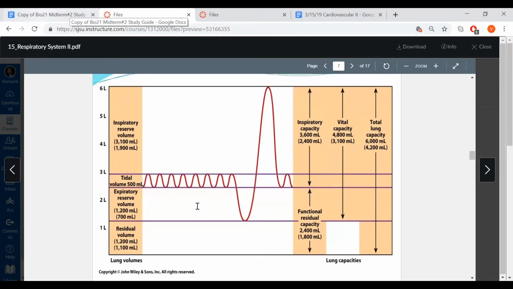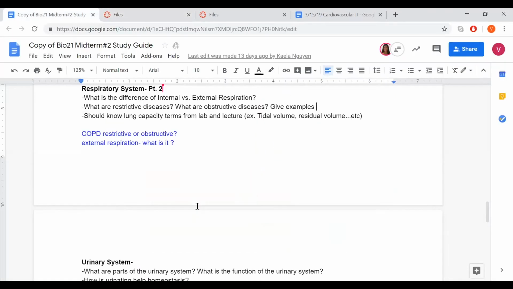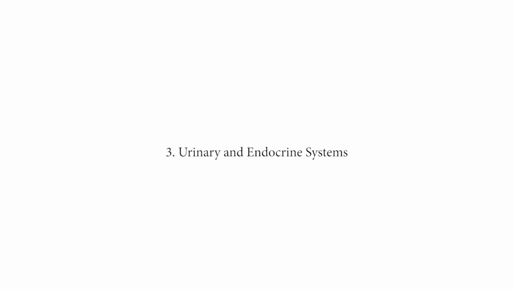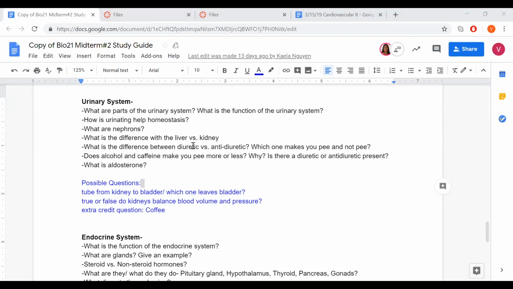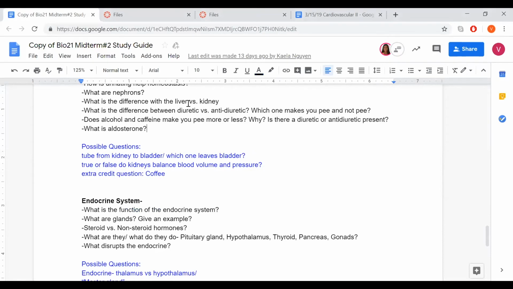Anyways. Okay, let's move on. What are the parts of the urinary system and what is the function of the urinary system? Looking at her slides, I think the most important one is close to the end, right before the 88 stuff.